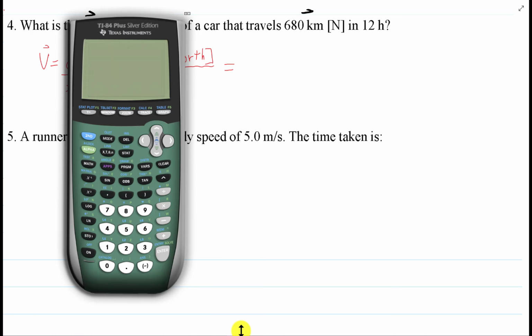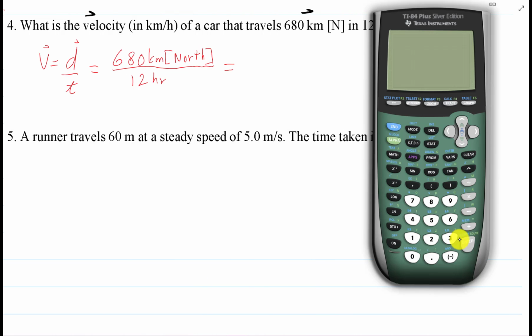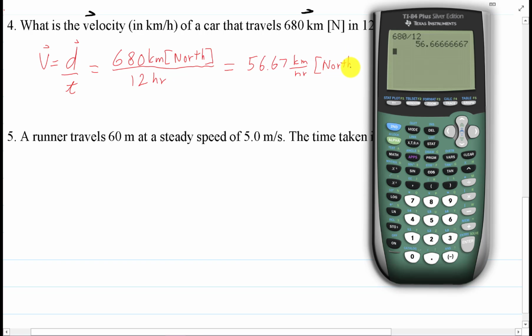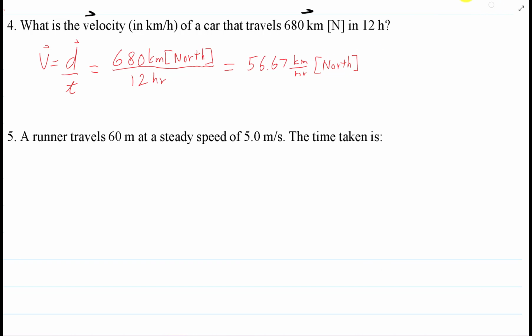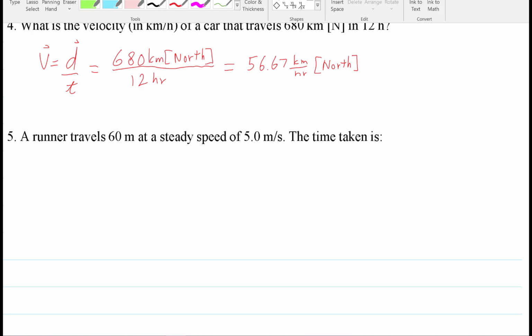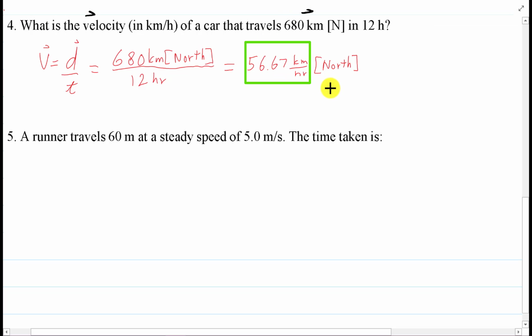So then we pull up Mr. Calculator and get 680 divided by 12, and we get 56.67 kilometers per hour, and the direction will be the same. And let me just box that off.